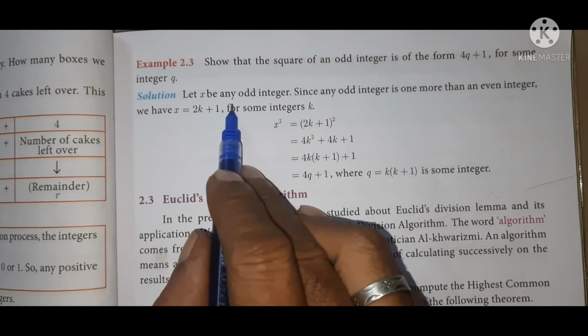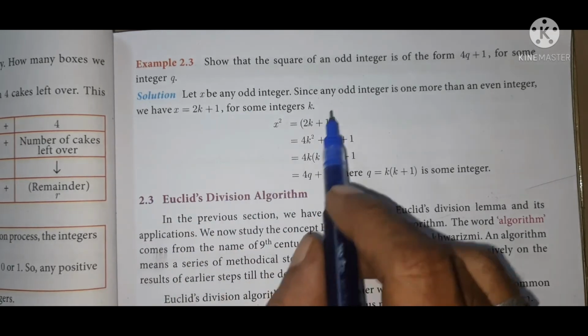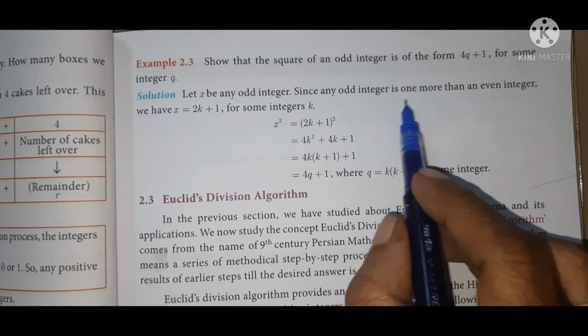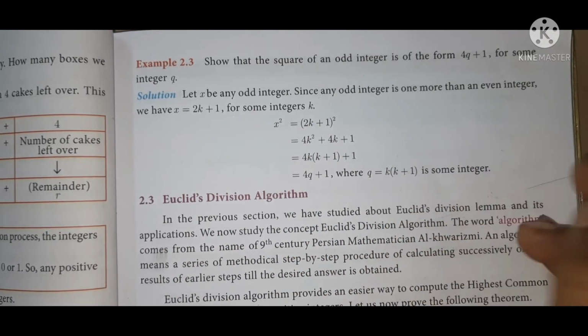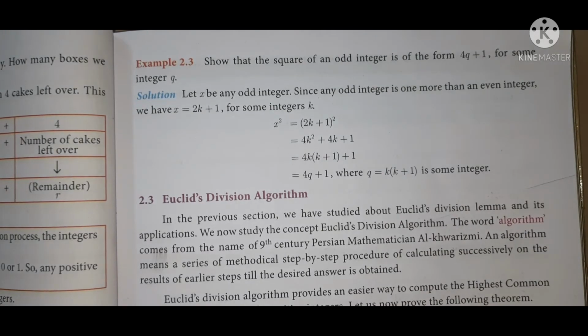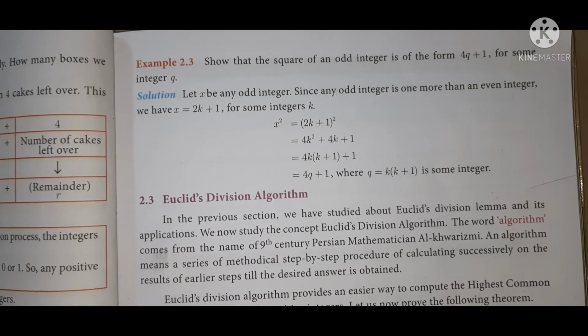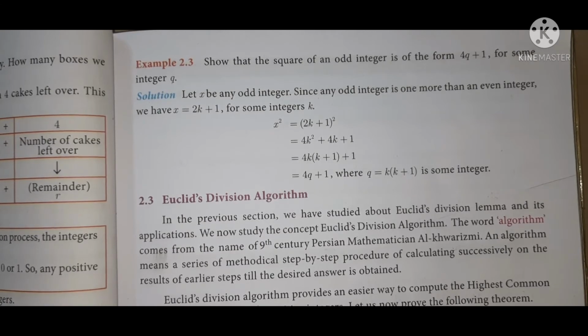Let x be any odd integer, since any odd integer is one more than an even integer. Suppose 5 is an odd integer. 4 is less than 5. 4 plus 1 we get 5. So the sum of an even integer plus 1 gives an odd integer.